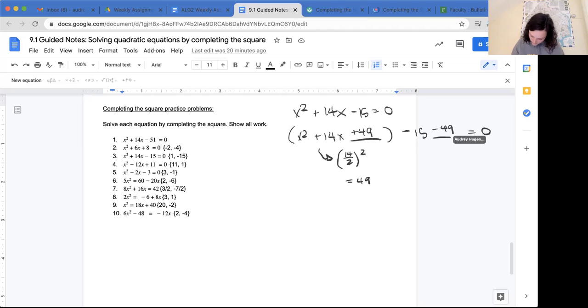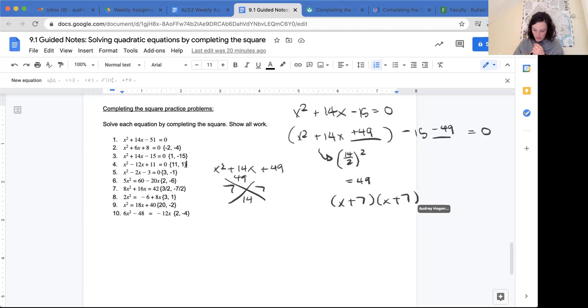I'm going to factor x squared plus 14x plus 49. 49, 14, that's going to be 7 and 7. So I'm going to have x plus 7 times x plus 7, and minus 15 minus 49 is going to give me minus 64 equals 0.